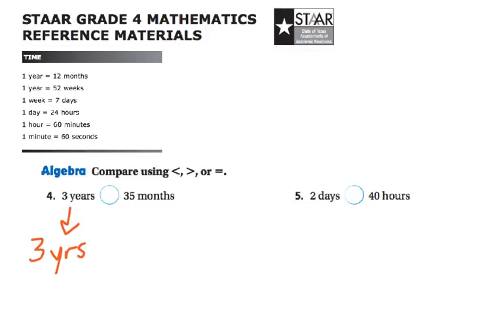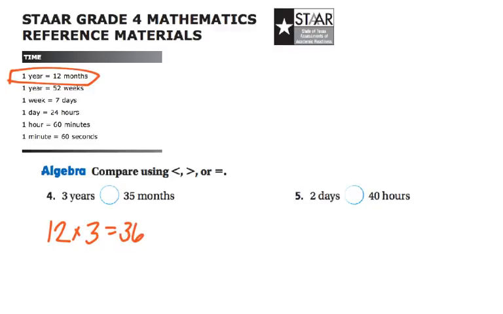Let's restart that. 3 years is going to equal 12 months times 3, because 1 year is 12 months, so 3 years is going to be 36 months. So now I'm thinking of 36 months versus 35 months. Well, 36 months is going to be greater than 35 months.